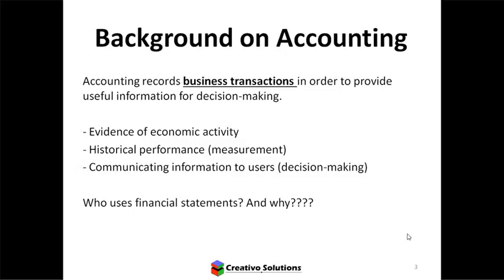Both the buyer and the seller enter into a transaction, and that creates data that can be used to create information, and the accounting process is what creates that information. Remember, it's a process of keeping records, collating all that data in order to make the information, and that's important for decision making.